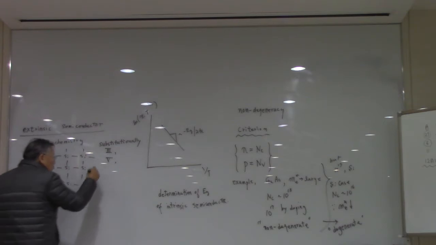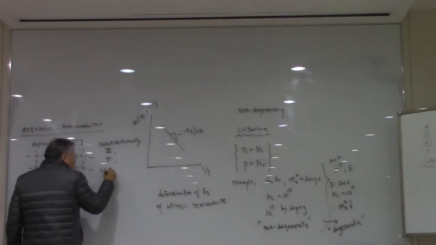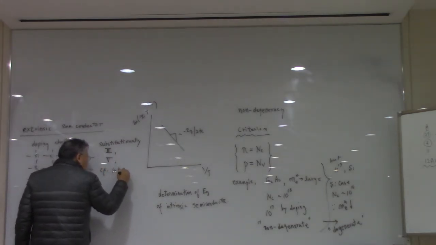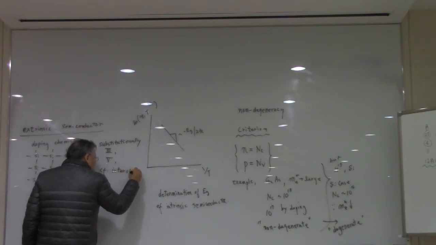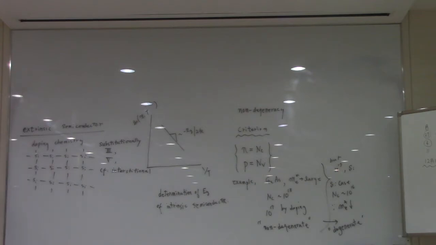Substitutionally is different from interstitial replacement. Interstitial means a foreign atom is sitting in between the host matrix. Substitutionally means one silicon atom is taken out, and the foreign atom is sitting right there.